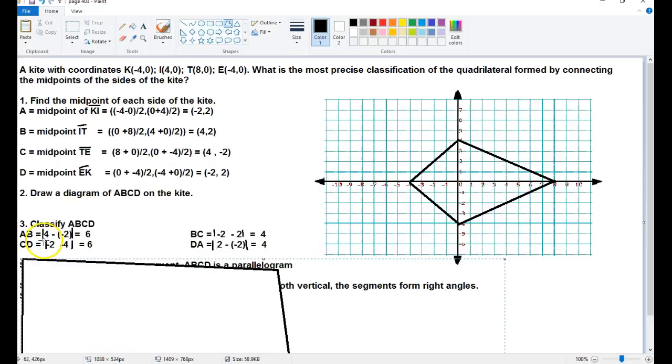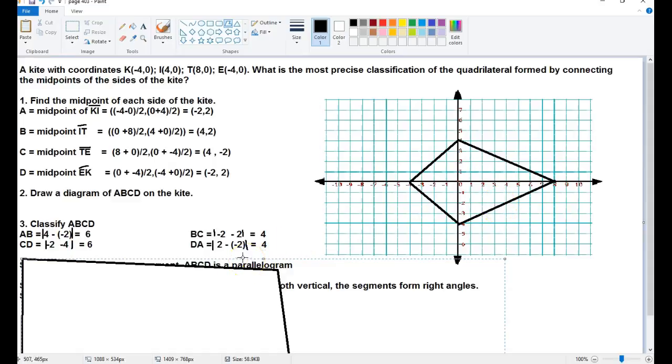So AB, we're finding the distance of this. So it's 4 minus -2, which is 6, and -2 minus 4, which is also 6. So this is AB up here and CD down here.